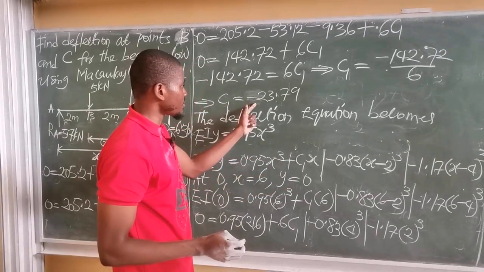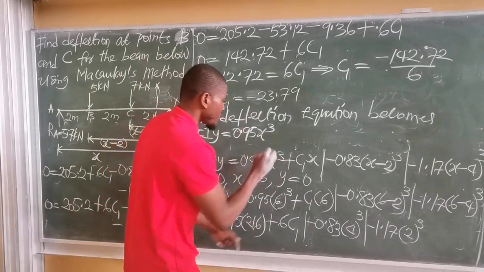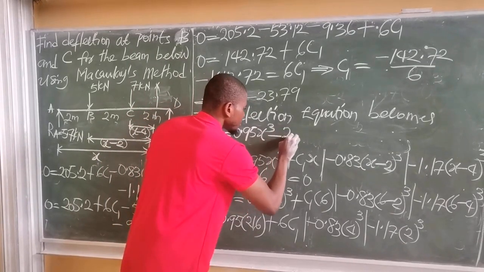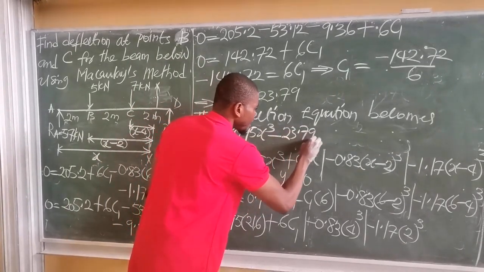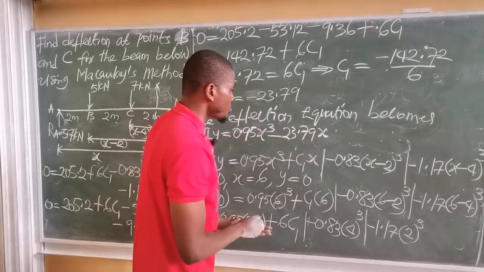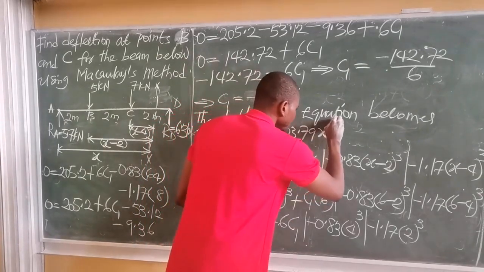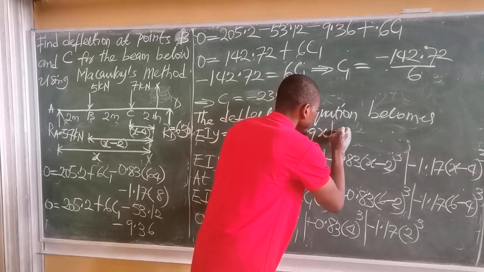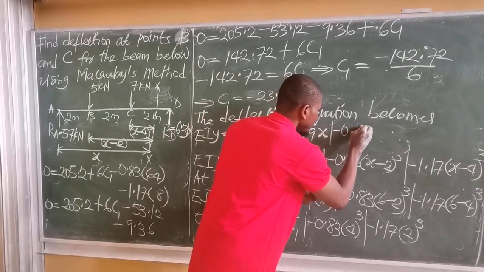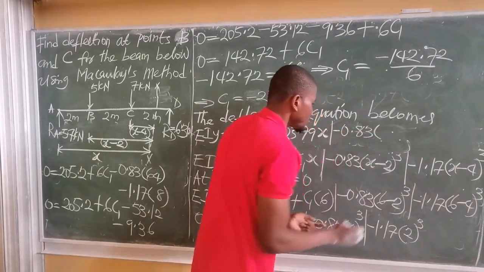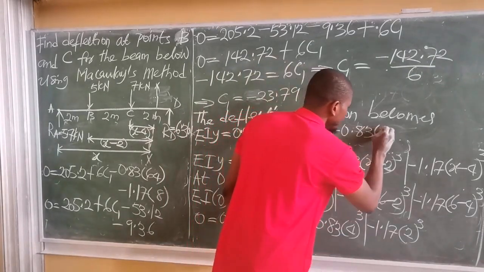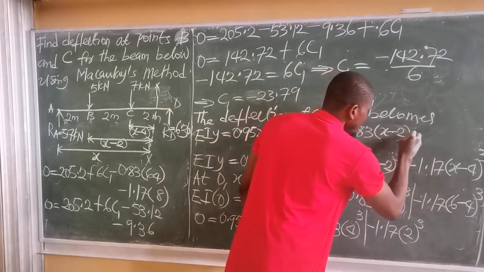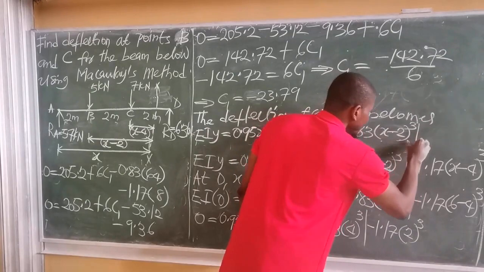C1 is minus 23.79, so that becomes minus 23.79x. Then we put in our Macaulay's bracket: minus 0.83 into x minus 2 all cubed.